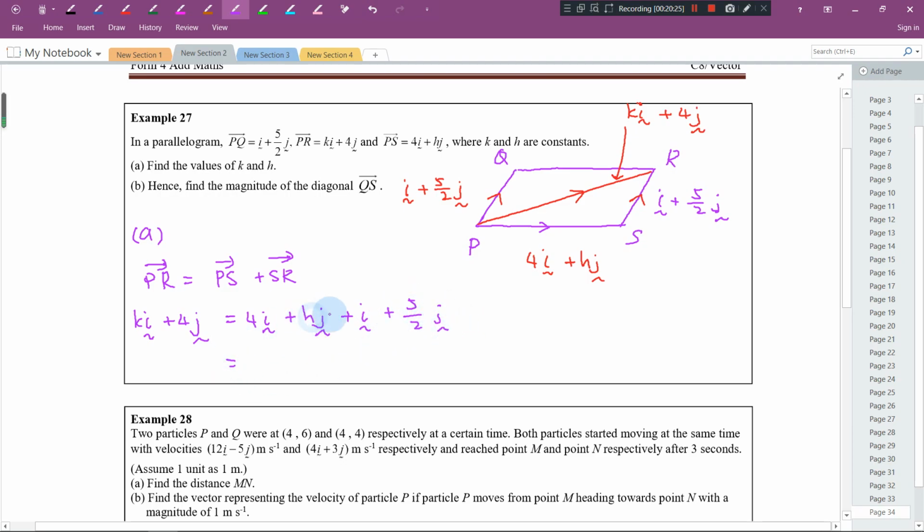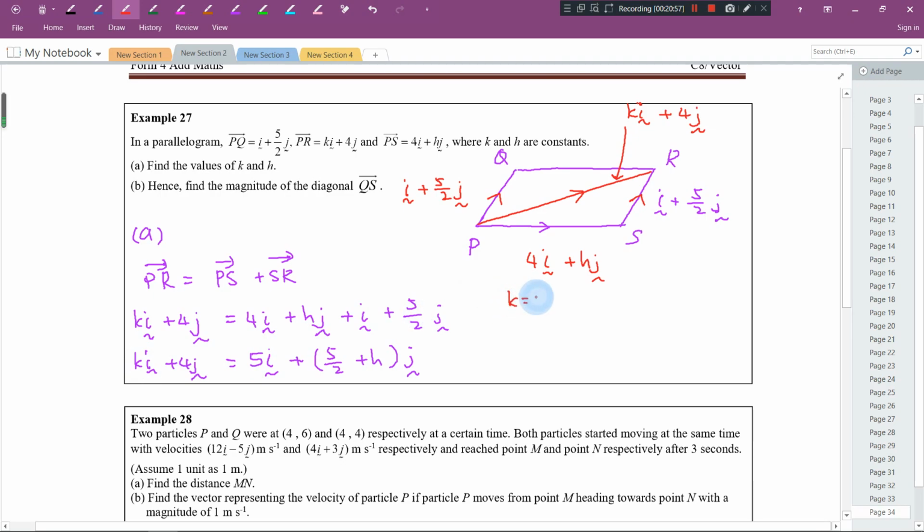The next thing is just some simplification. 4i plus i, you will get 5i, and then here will be 5 over 2 plus h, j. Let me check, correct or not. 5 over 2 plus h. Okay, correct. The left hand side will be ki plus 4j, so they are the same thing. By comparison, I can get the value of k and h. k is equal to 5.